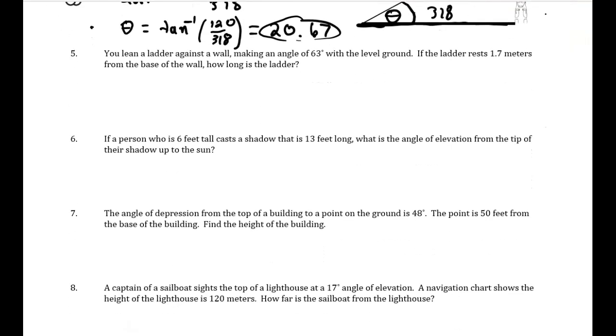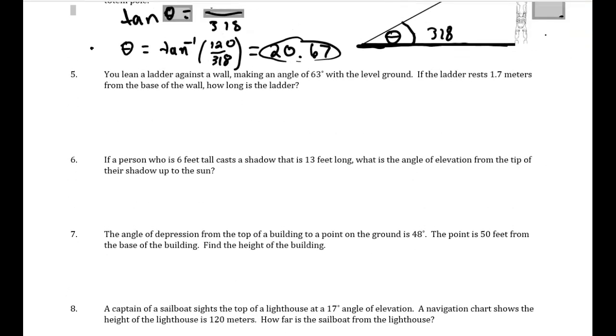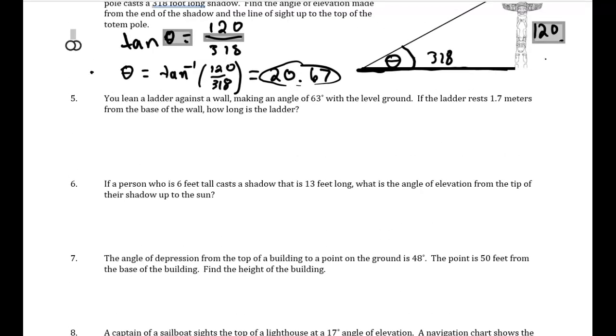Number 5, you lean a ladder against the wall, making a 63 degree angle with level ground. So now we're going to create our own picture. Here's our wall, and the angle we make is a 63 degree angle with the ground.